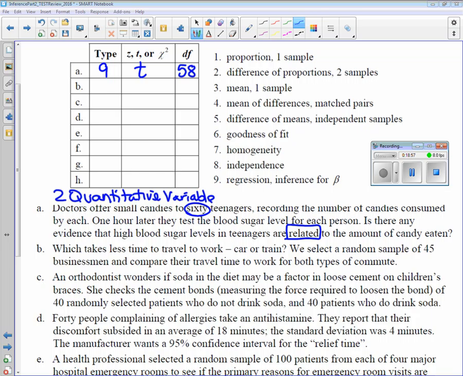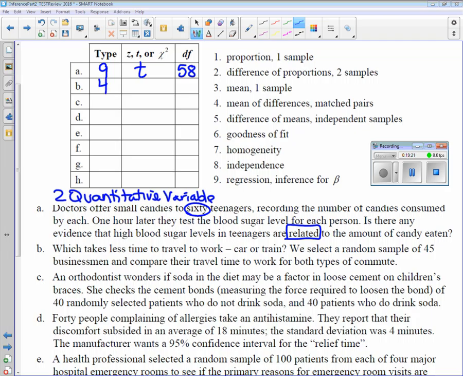It's matched pairs. It's matched by person. You're looking at the difference between their times. It's the same businessman riding the train and riding in the car. So that's a matched pairs situation, so that's going to be 4.